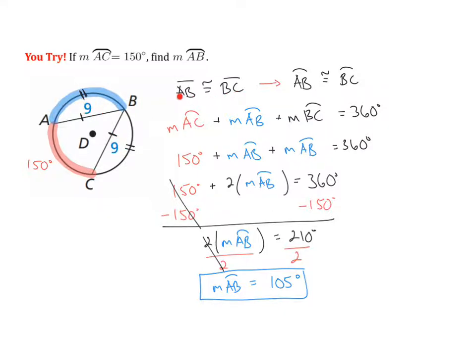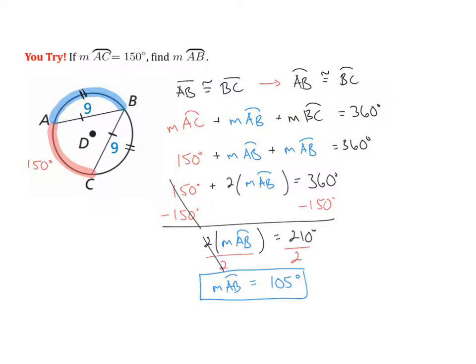This tells me then that both of these chords are congruent, and so I can make this conclusion and say that their arcs, arc AB and arc BC, must also be congruent. Now, if we went ahead and added all 3 of these arcs together, which is what you see in this equation here, they should be equal to 360 degrees.